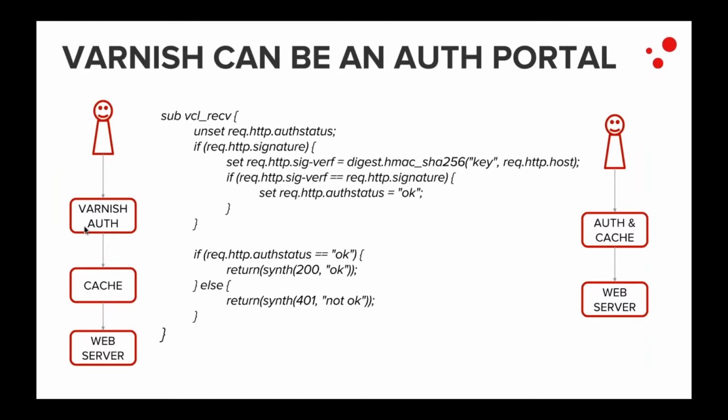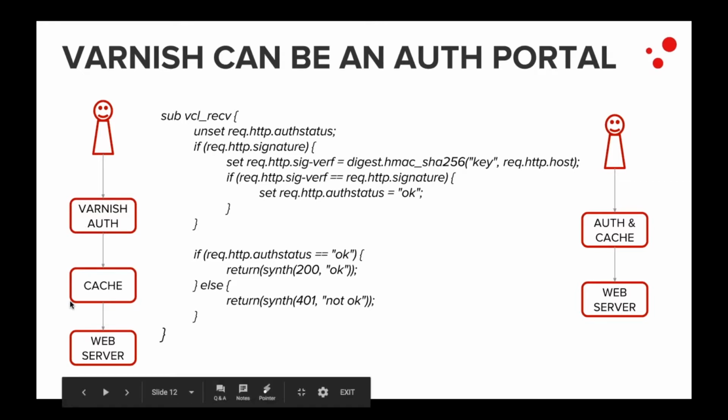So we have three different layers. We have a Varnish layer doing authentication and authorization, and it will just do that, and possibly it can also create the unique ID or unique token. Then we have another Varnish layer doing caching, and in the end we have the web server.